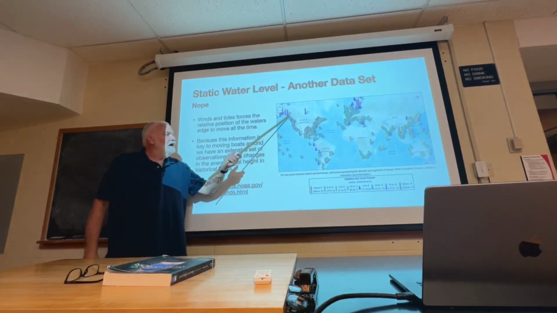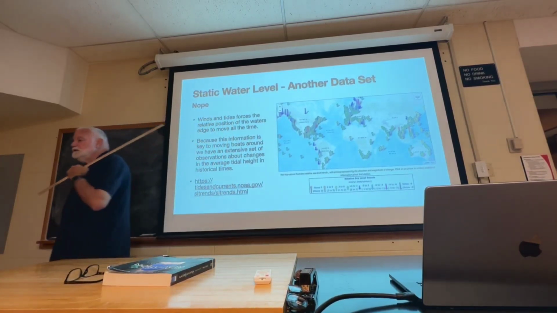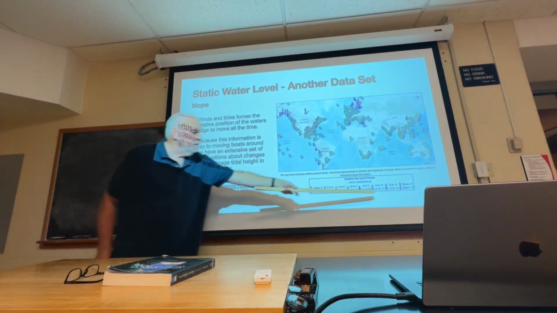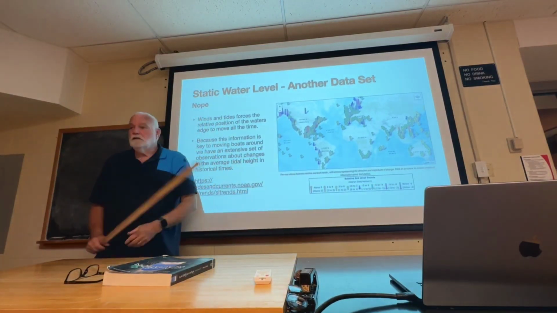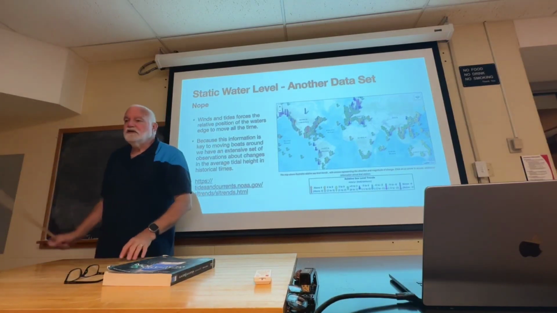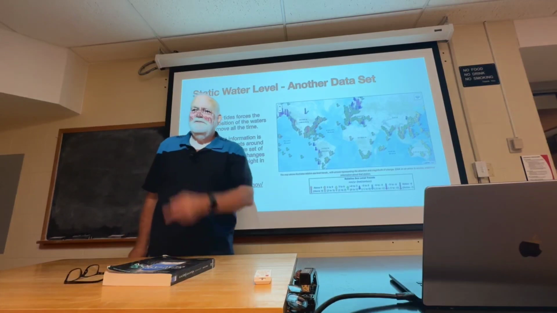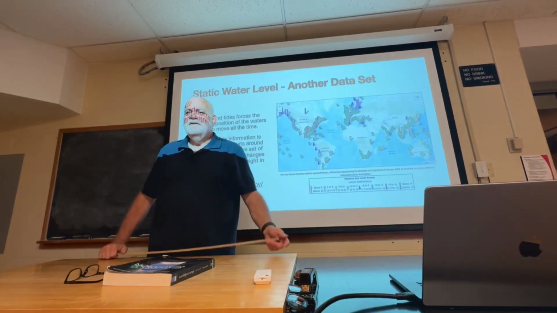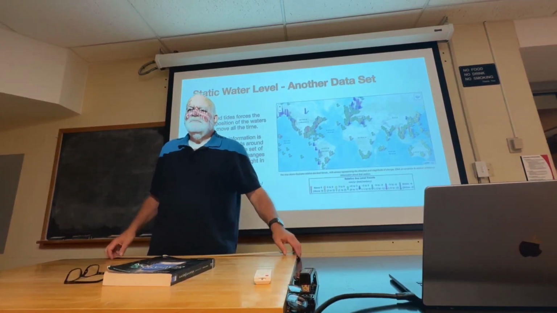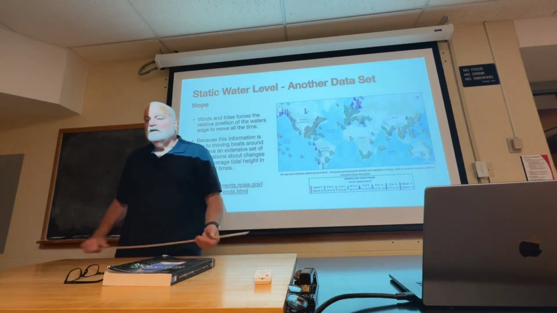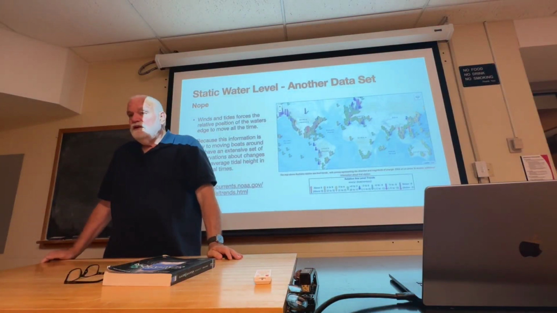So why might we guess that Alaska has a high number, blue or purple over here someplace, and it's going down? Why would you guess that, when Alaska didn't have a big ice sheet over it? It's still going down.